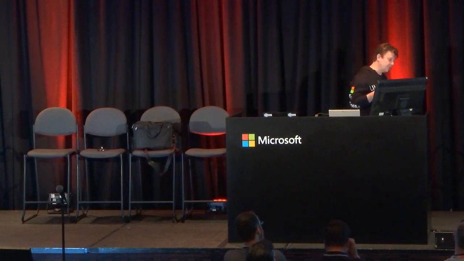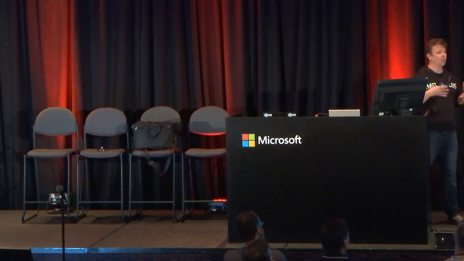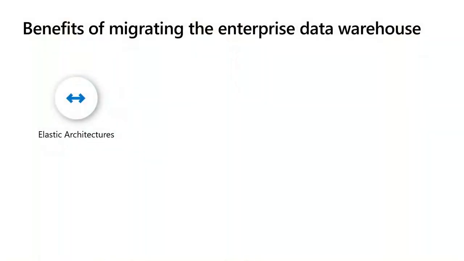So if I start to drill into some of these benefits, like why migrate? Why am I going to the cloud? I've got this giant appliance, it's been working great. When you start to peel back and consider some of the other benefits of moving to the cloud, things start to get a little more obvious. So the first thing is the elasticity of the cloud gives you tremendous economics, not just for being in the cloud, which you can get, but for analytical workloads in general.